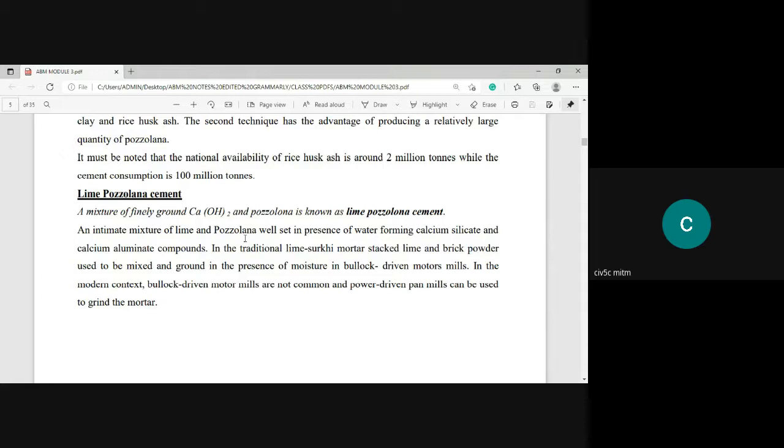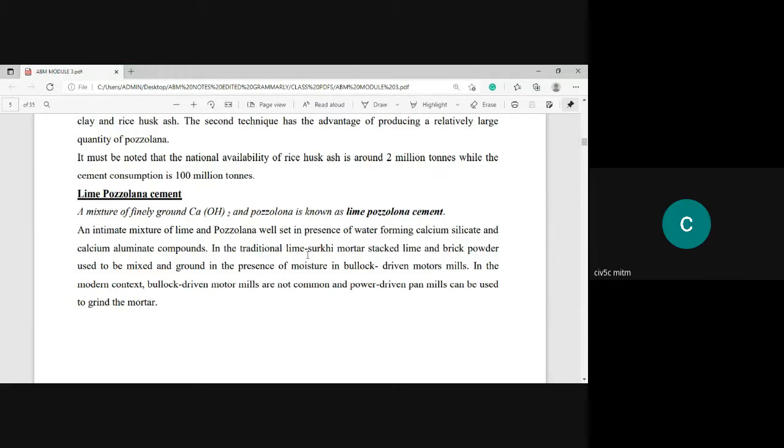Once lime and pozzolana are blended and mixed with water, the compounds you get are calcium silicate and calcium aluminate. These compounds are responsible for setting and developing strength in lime pozzolana cement. Did you get my point?